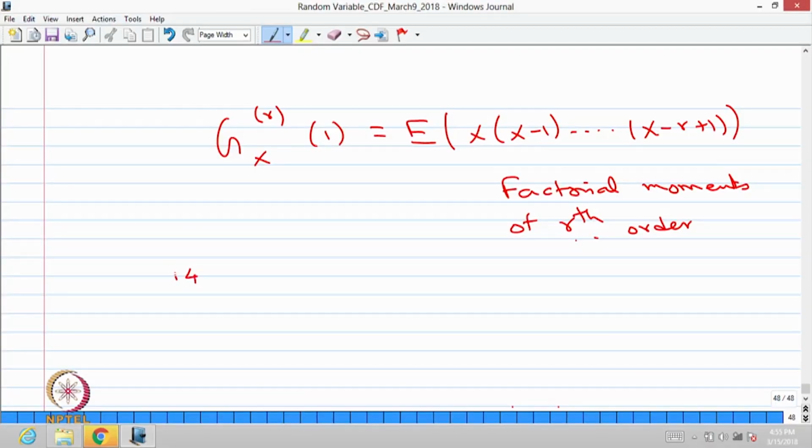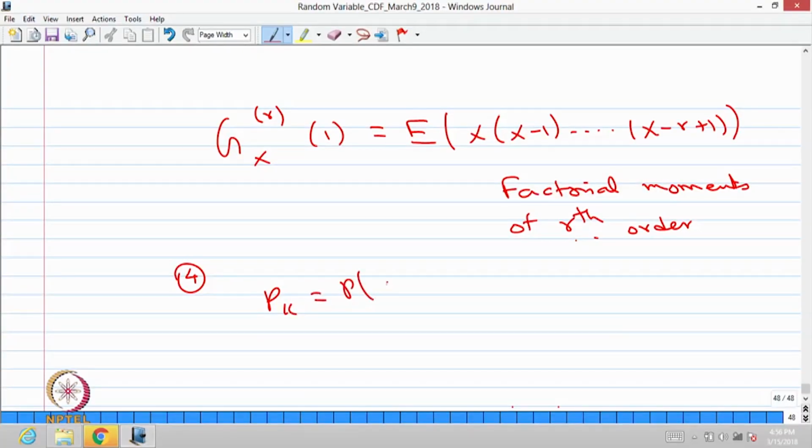Similarly, I can find from the probability generating function, by taking the derivative, the probability mass at the point k, that is p suffix k, that is nothing but the probability of x takes the value k, that is same as the kth derivative of probability generating function evaluated at the point 0 multiplied by 1 divided by k factorial.